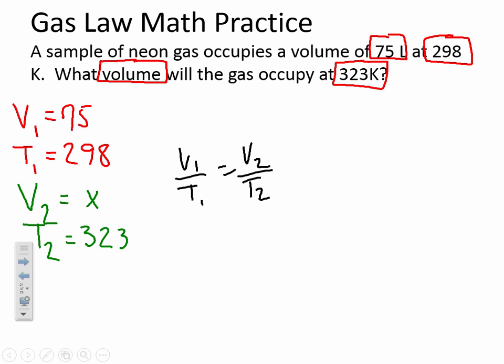Let's plug everything in. Our V1 is 75 over our T1, which is 298. That's equal to V2, which is x, over our T2, which is 323. We're going to cross multiply.